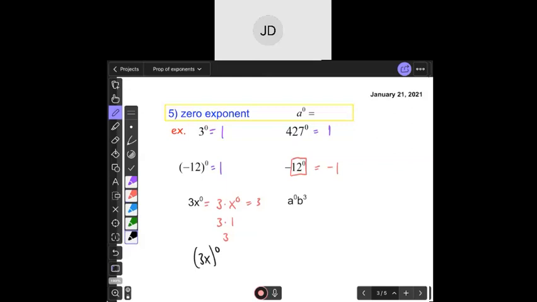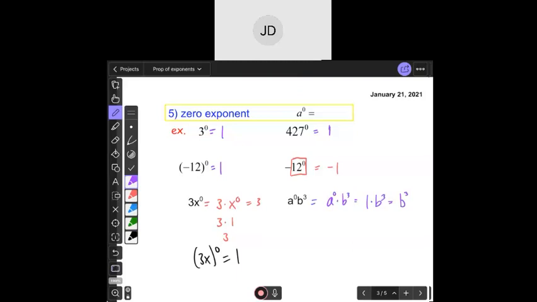If it said this, that would be 1. Because now both the 3 and the x get a 0. They both become 1. Okay? In the same way here, this would be a 0 times b cubed, which would be 1 times b cubed, which would be b cubed. Right?